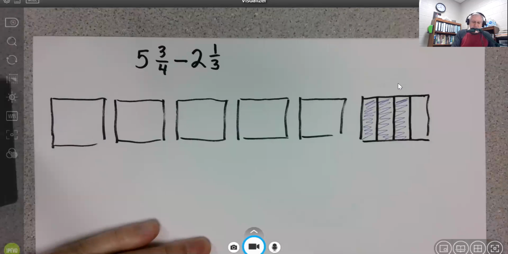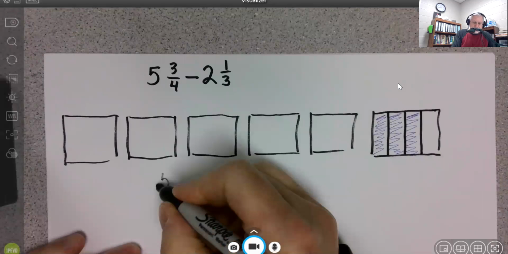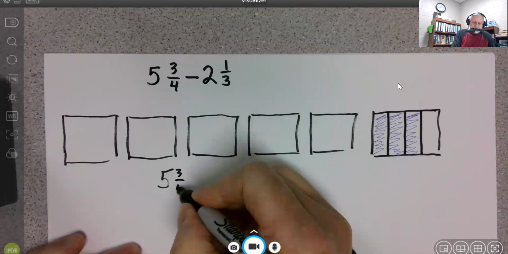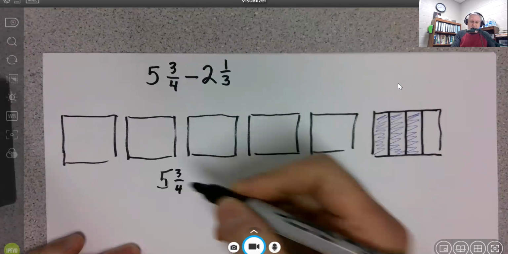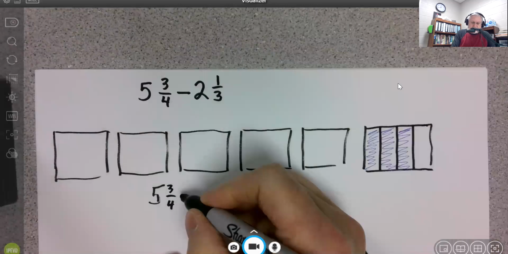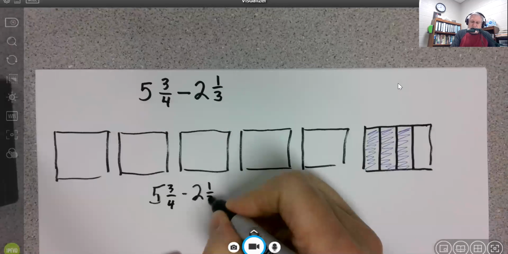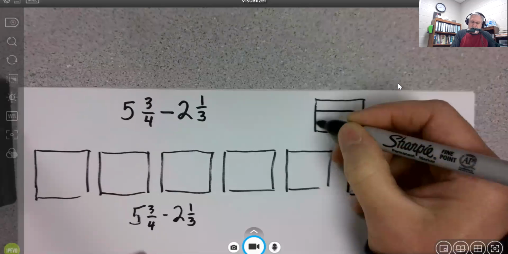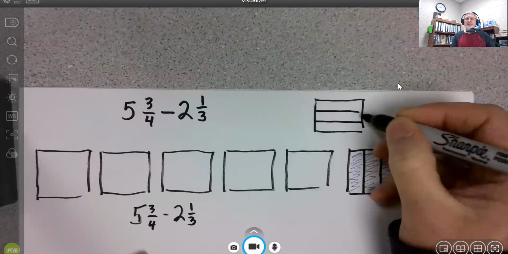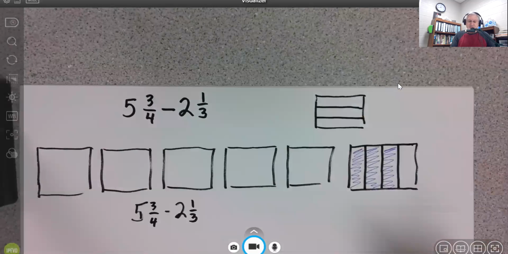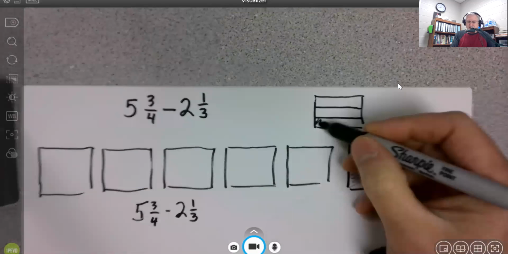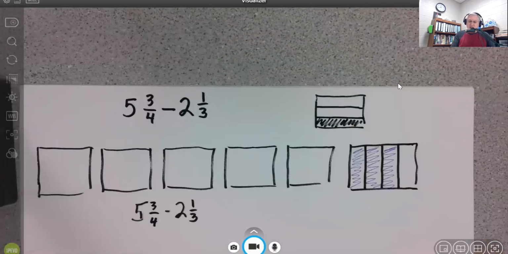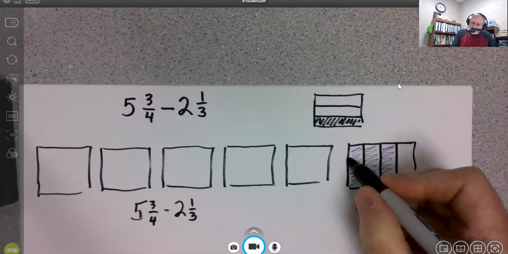All right. So again, this is 5 and 3/4. Now I'm going to subtract 2 and 1/3. What 1/3 would look like is I would put two lines of partitioning, and then shade in one of those parts. So I want to do the same thing to this, where I put 2 lines.